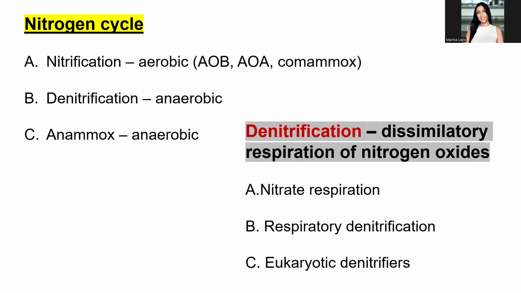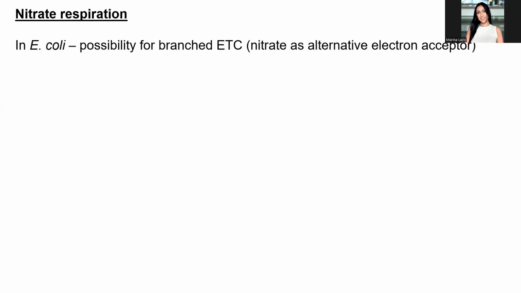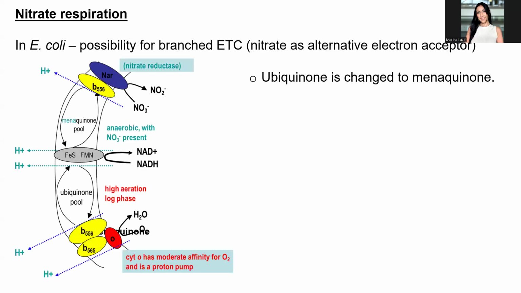So what is nitrate respiration? Nitrate respiration is an alternative form of energy production in organisms like E. coli when there is not enough oxygen. So it is one branch of the electron transport chain where nitrate is the alternative electron acceptor. You probably remember that from the beginning. Ubiquinone is now menaquinone.